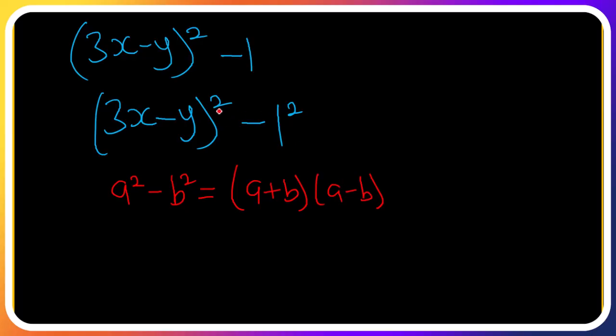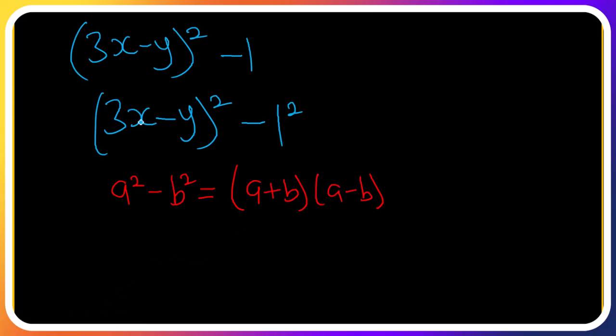So doing this similar to what we have over here, we have 3x minus y all squared acting as a, minus b squared also acts as 1 squared. So we expand the difference of two squares as these two separate factors.